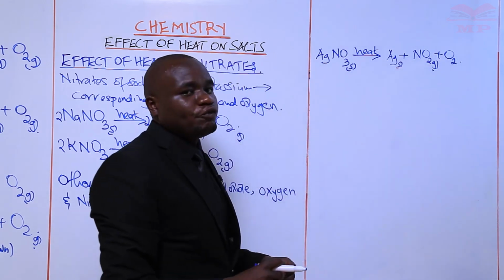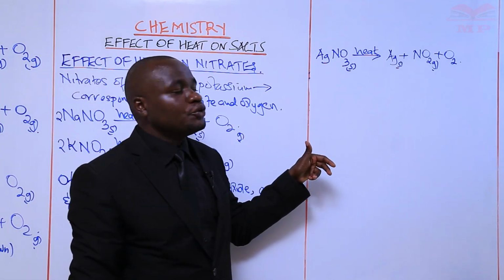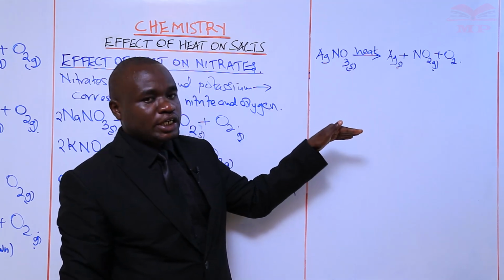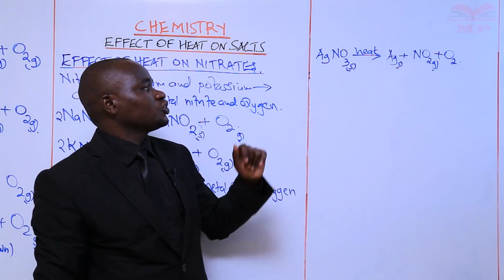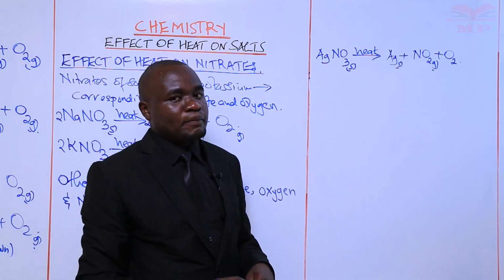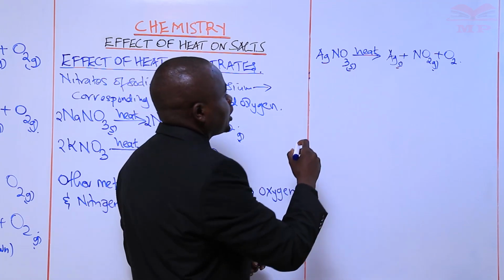So don't confuse. The other metal nitrates will give you the corresponding metal oxide, but those which are least reactive, the likes of silver and mercury, will give you the corresponding metal, nitrogen 4 oxide, and oxygen.